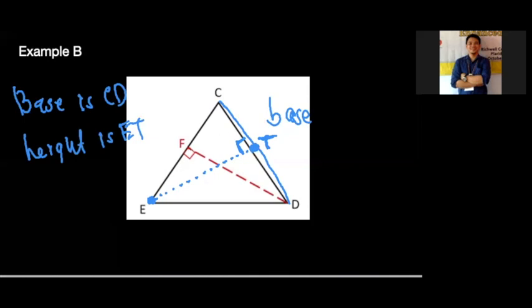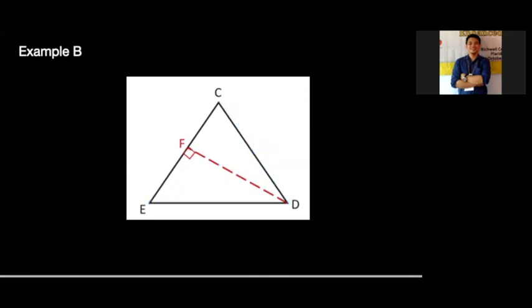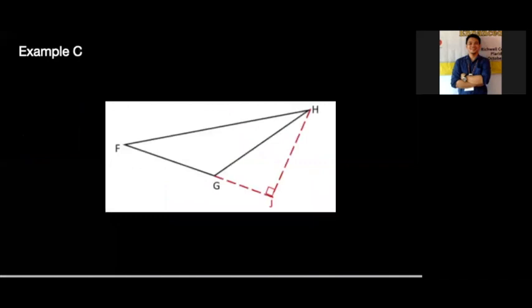Last example. If a triangle is given, like here, we have triangle FGH. What would be the base if the height is HJ?